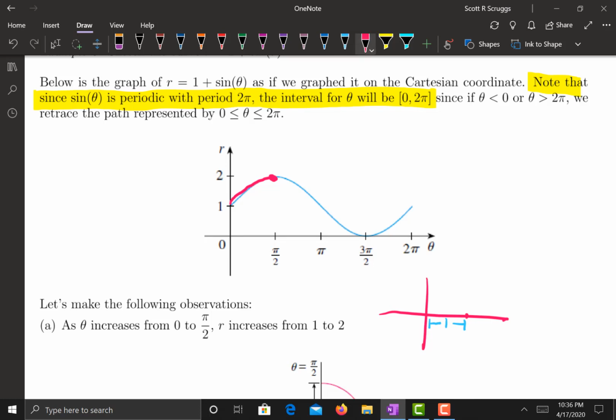And this is going to be my starting point. Let's pick a different color than pink. There we go. I'm going to rotate pi over 2 radians and make sure that wherever I ended up, it is a distance of 2 from the pole.